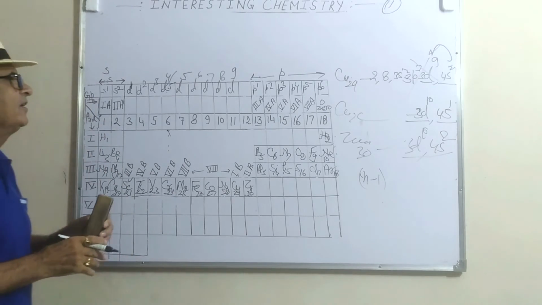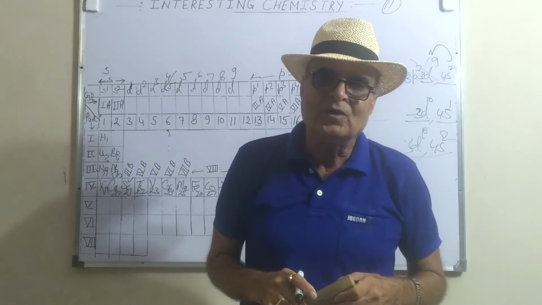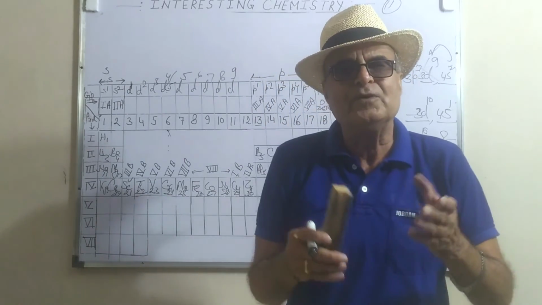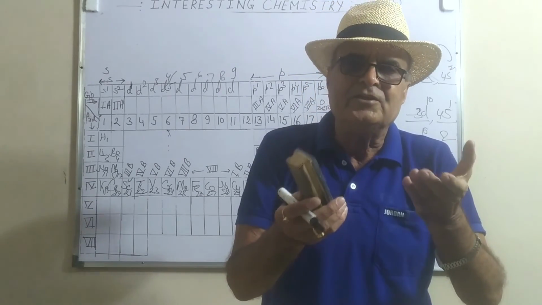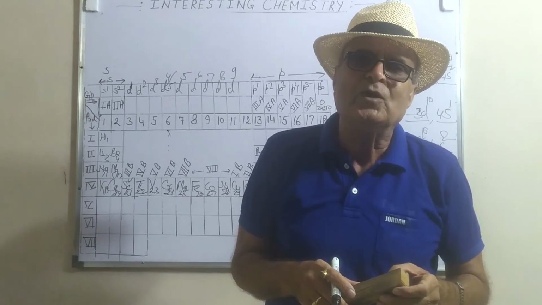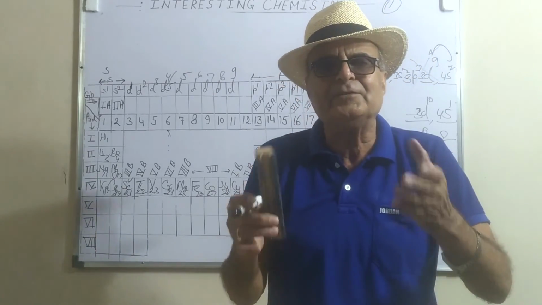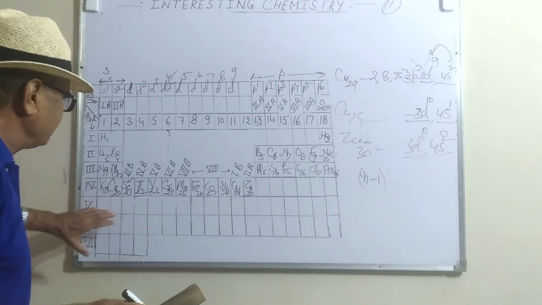That's okay for today's video. I have explained it in a very simple way, and in the next video I will explain the configuration of the rest of the elements, which will be filled in this way.